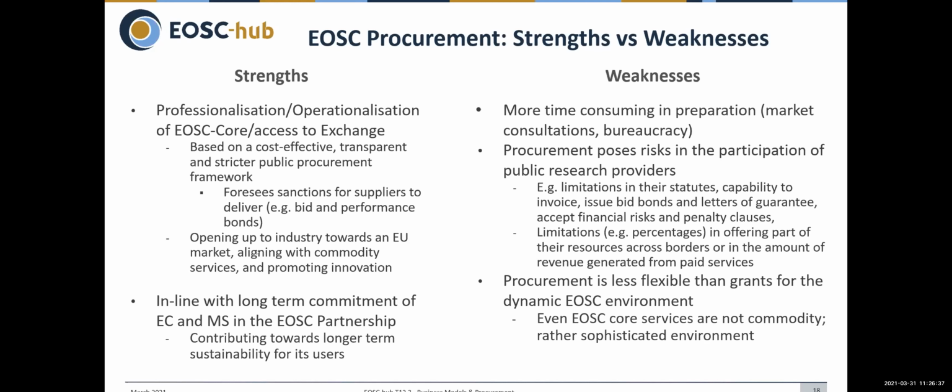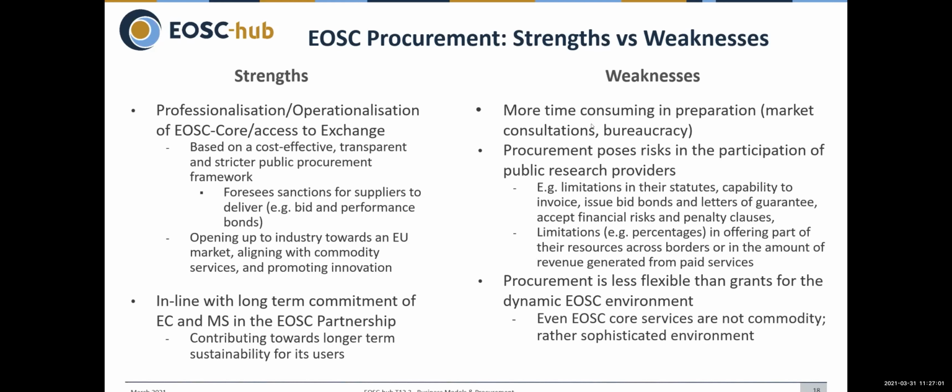One can also say that there is opening up towards industry and also towards an EU market, aligning with commodity services and promoting innovation, and probably this is also in line with a broader longer-term commitment of the Commission and member states in the EOSC partnership, contributing towards sustainability.